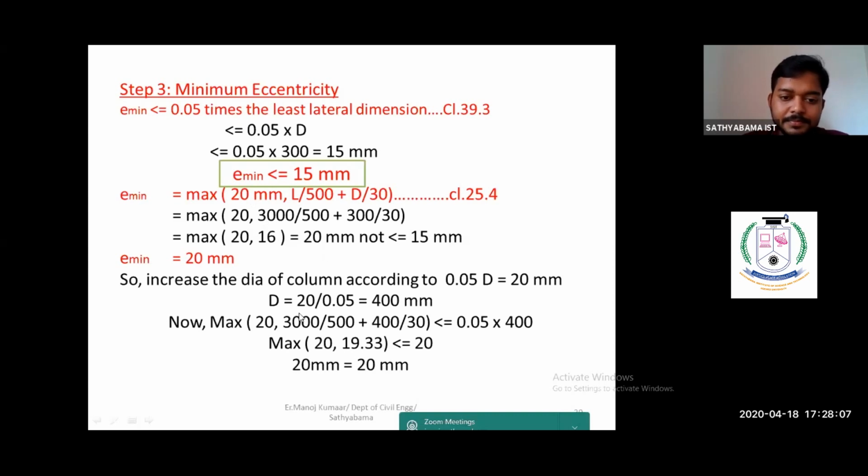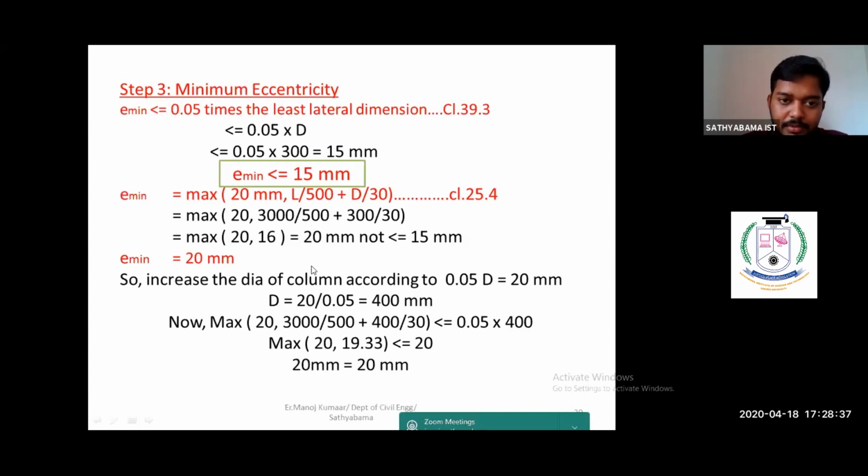Clear? Now the diameter of the column will be revised to 400 mm. Now we will recalculate the minimum eccentricity as per this formula, clause 25.4. There is maximum of 20 and L is 3000 divided by 500 plus revised diameter 400 divided by 30, which should be less than or equal to 0.05 into D, which is 400.